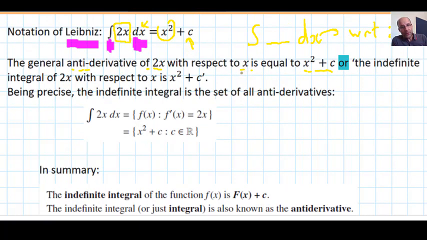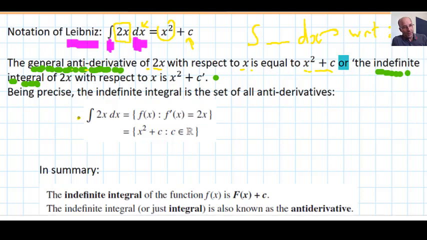So that's what that means. Or in other words, the indefinite integral of 2x with respect to x is x squared plus c. So, indefinite integral and general antiderivative. Now it's called indefinite or general because of the plus c. That means it has an infinite number of answers. So we write the plus c as part of our answer.